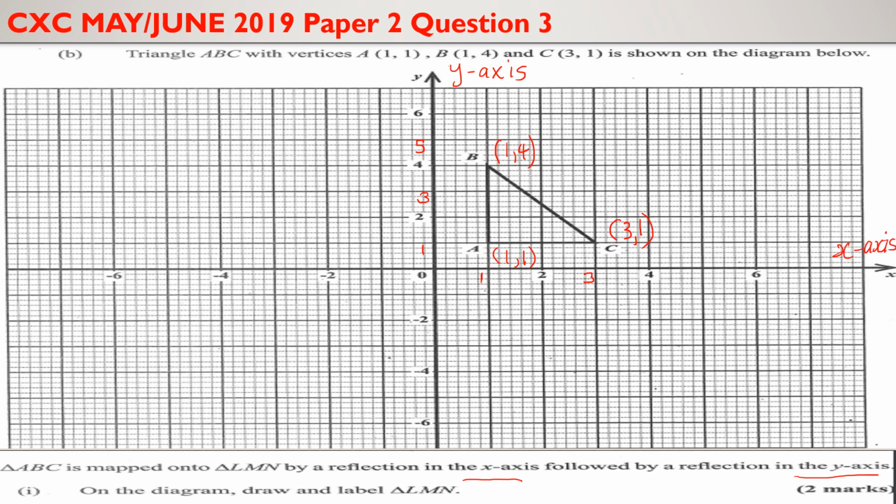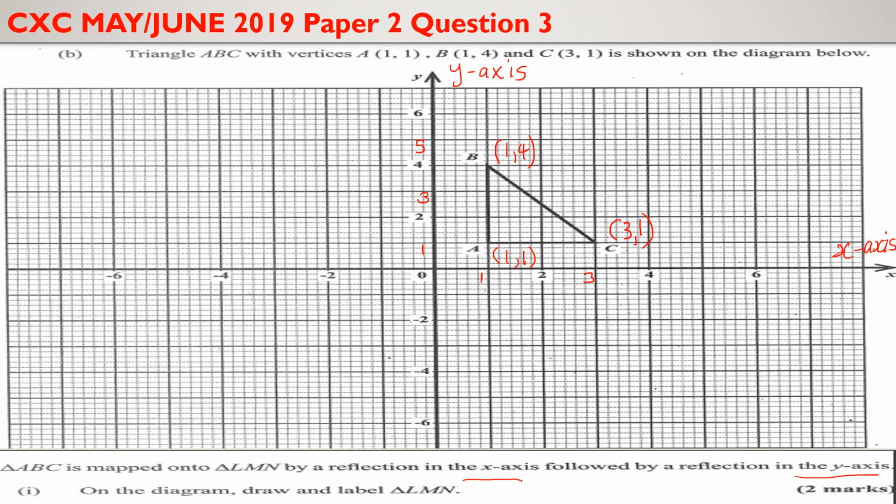That means we're going to reflect ABC first over the x-axis, and then reflect that over the y-axis.